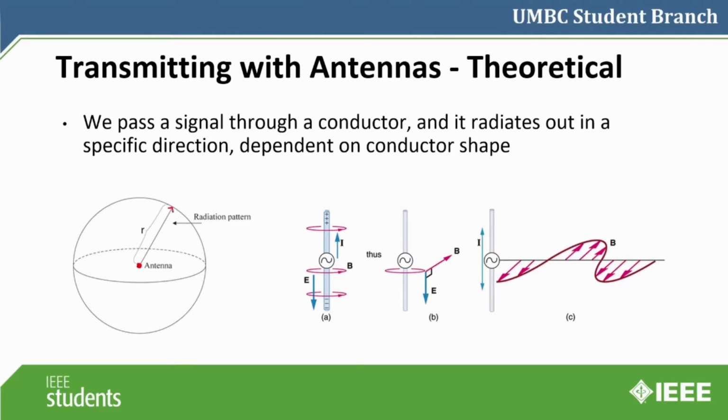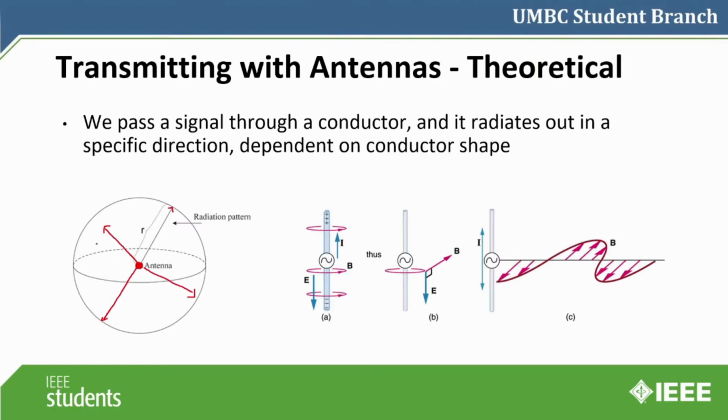If you've taken physics 2, some of these things will look familiar to you. Now, this is a theoretical representation of it, and this could be an electron, this could be a charged atom, could be anything. And theoretically, we call this isotropic, which means that it radiates out equally in all directions. We call this an isotropic wave.